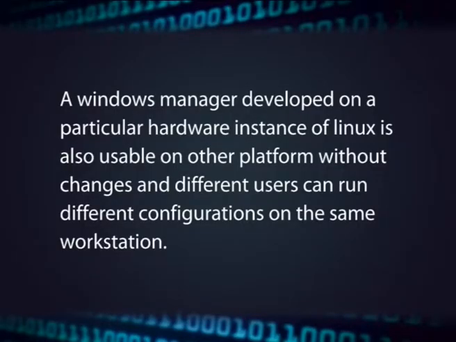The window and session managers responsible for the windows and session display also need not know about the hardware. The windows manager implements a particular policy without knowing anything about the hardware. A windows manager developed on a particular hardware instance of Linux is also usable on other platforms without changes, and different users can run different configurations on the same workstation.